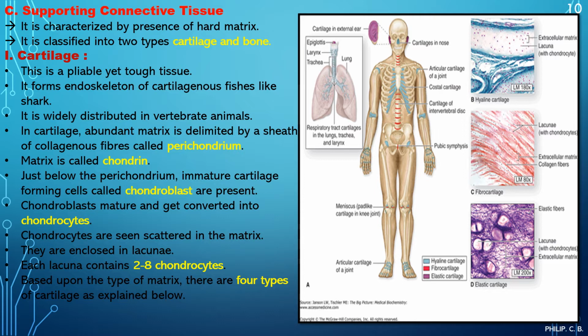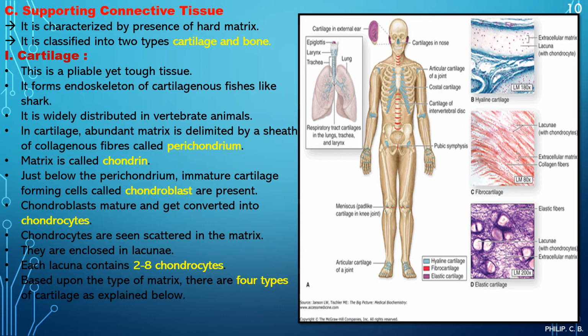Further, chondrocytes are seen scattered in the matrix. They are enclosed in lacuna. Each lacuna contains 2 to 8 chondrocytes. Based upon the type of matrix, there are 4 types of cartilage as explained further.